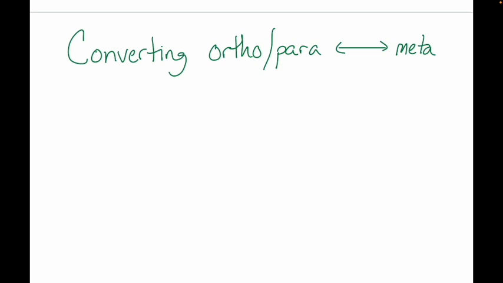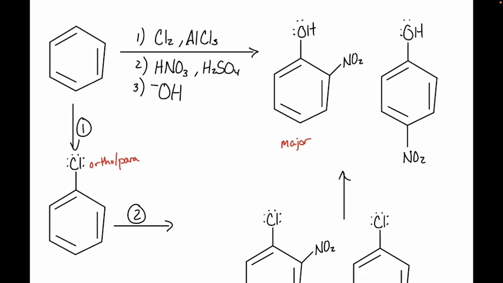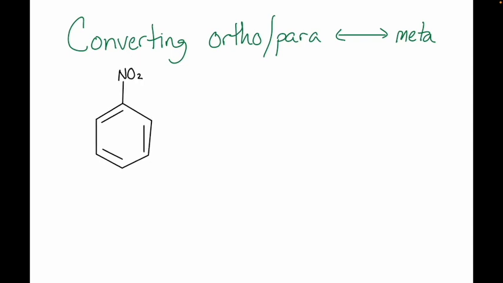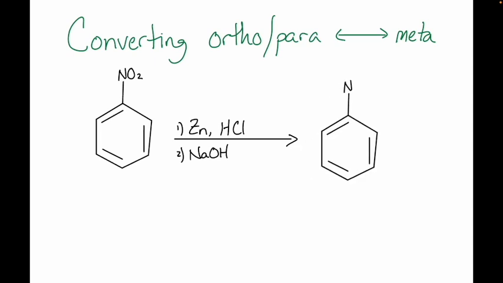All right, so let me just grab a benzene so I don't have to draw it over and over again. Okay, so the first two are those two that we talked about last class. If we take a nitro group, we can use that zinc, HCl, followed by NaOH, and that would convert that nitro group, fully reduce it into aniline.